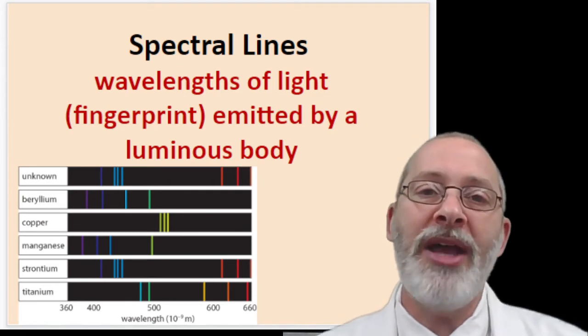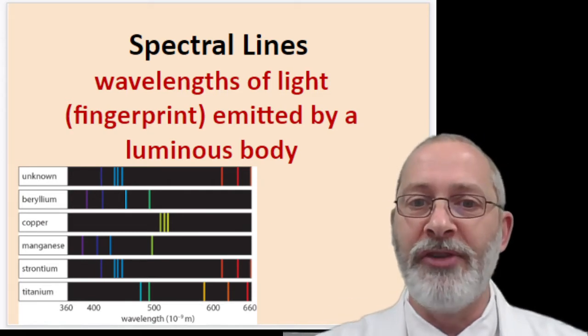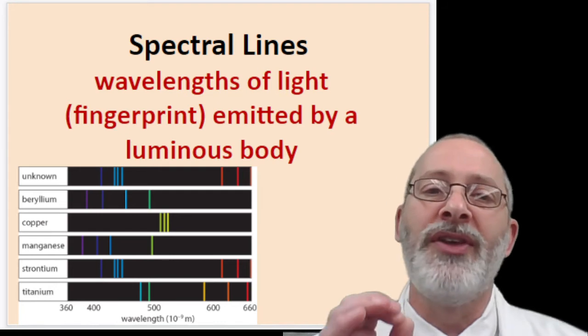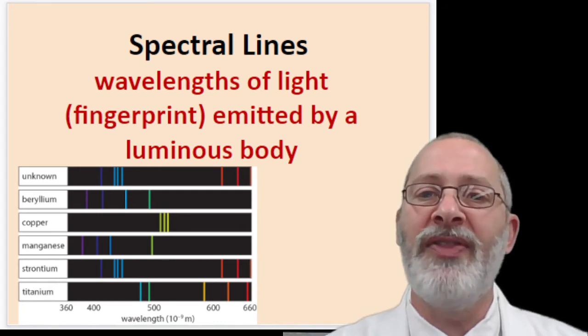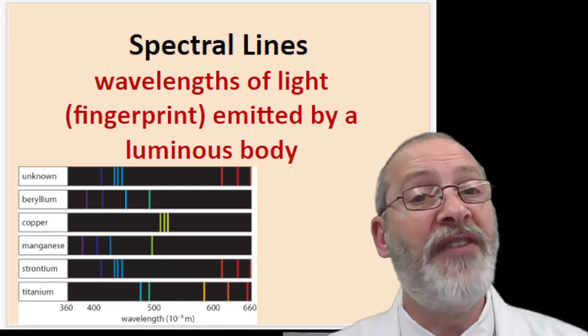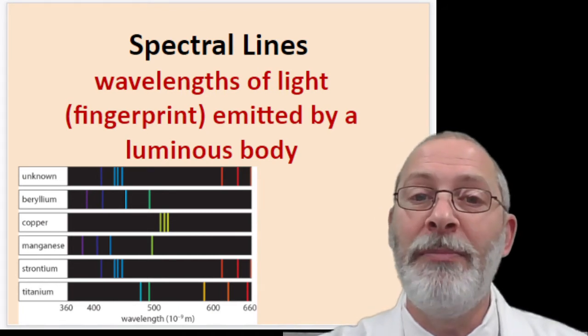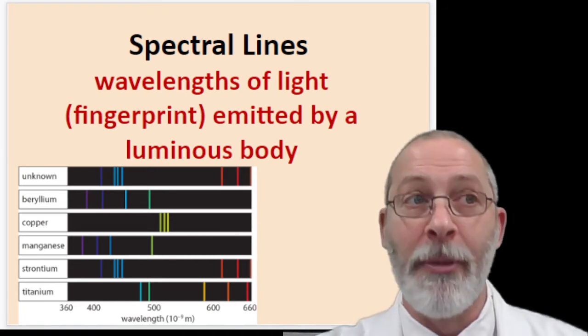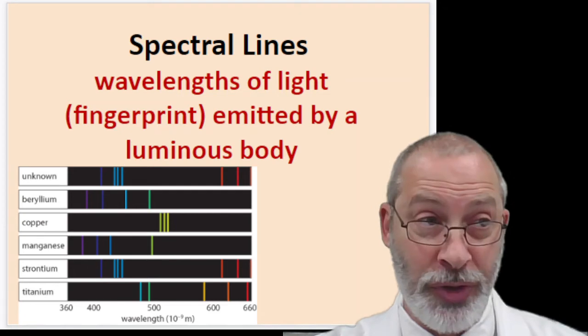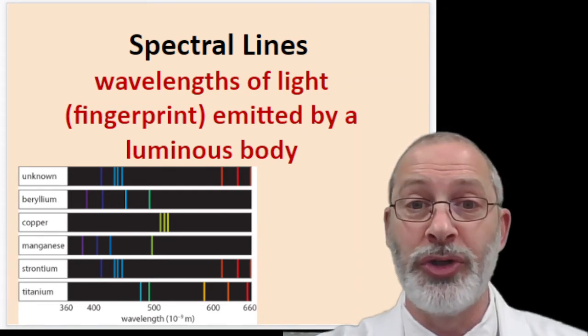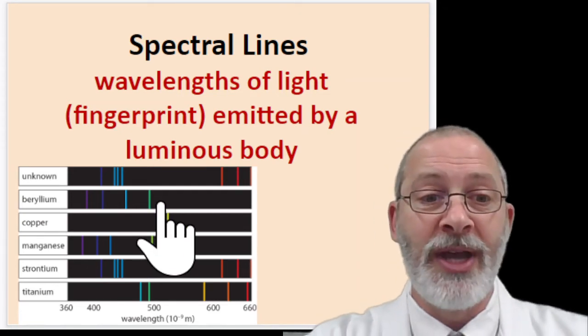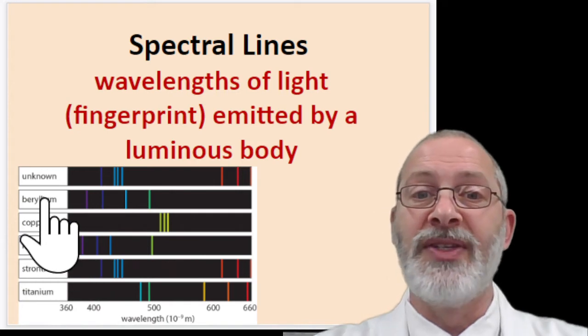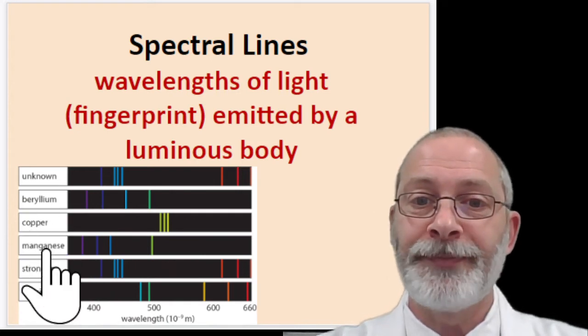And these spectral lines that I'm referring to are the specific wavelengths of light, or the fingerprint, emitted by a luminous body. I have a poster in the room that we've referred to that looks something like this. It has different elements.